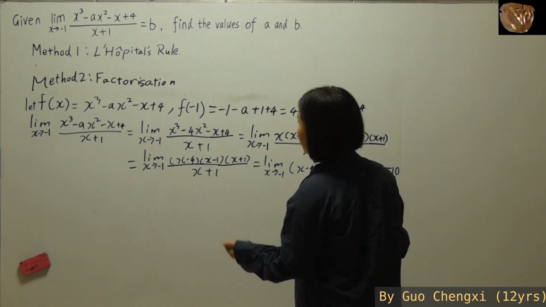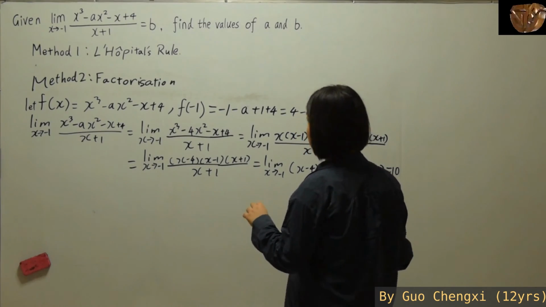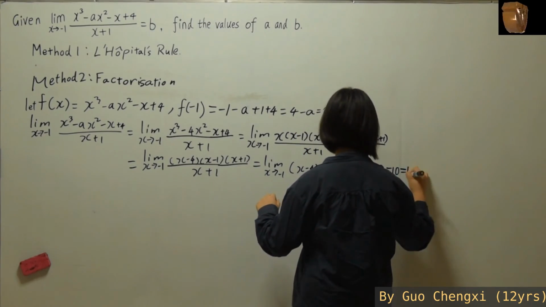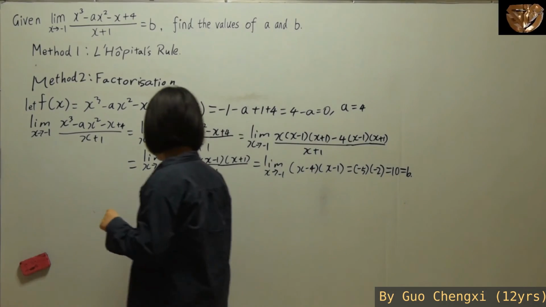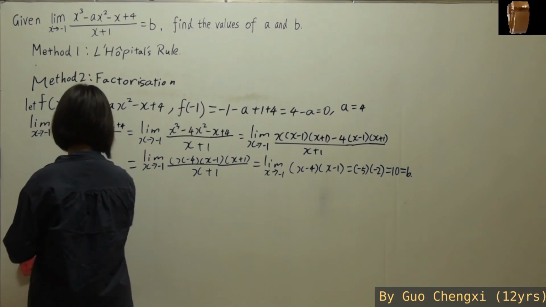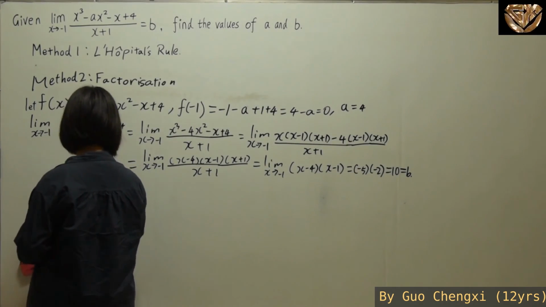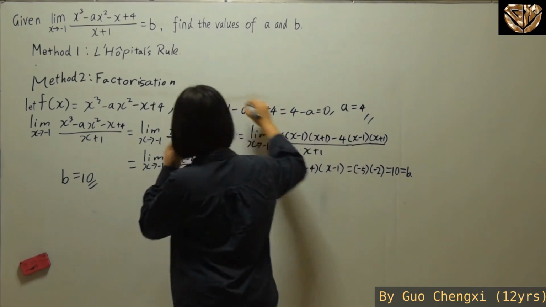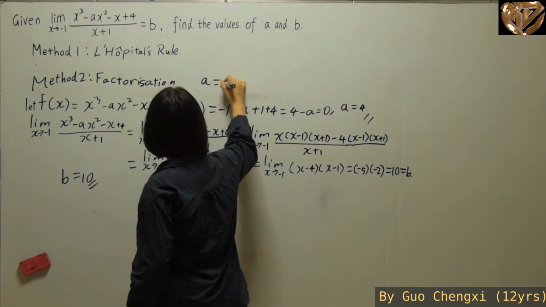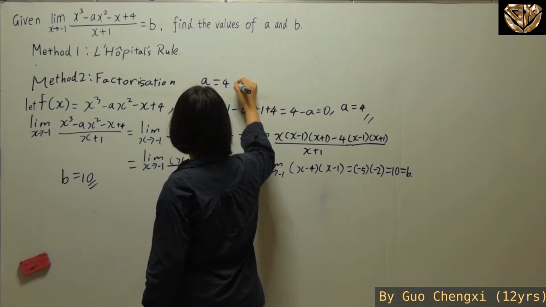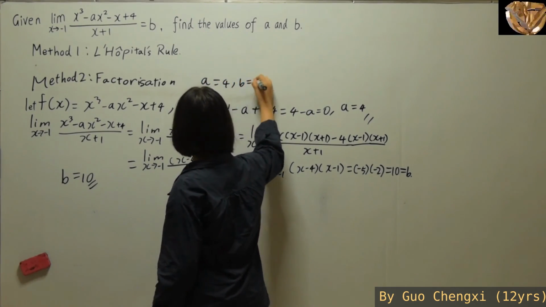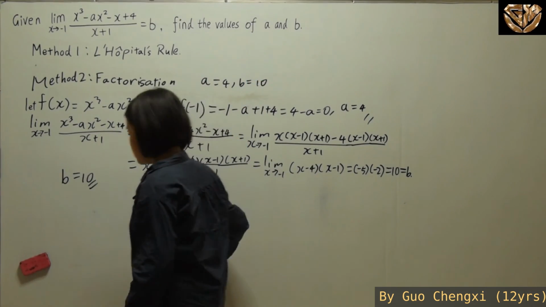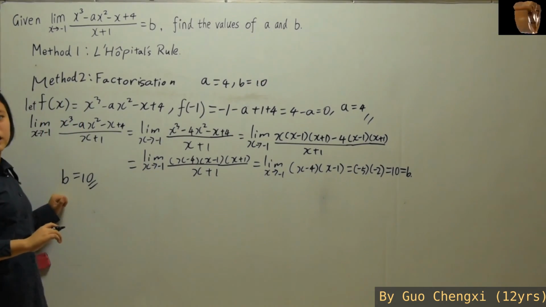But wait, what is this supposed to be equal to? This is supposed to be equal to b. And thus we have shown that b is equal to 10. So just like our first method, we also got a equal to 4 and b equal to 10, right?